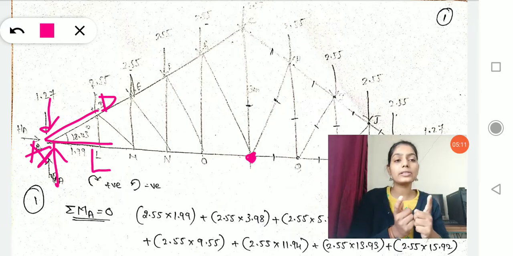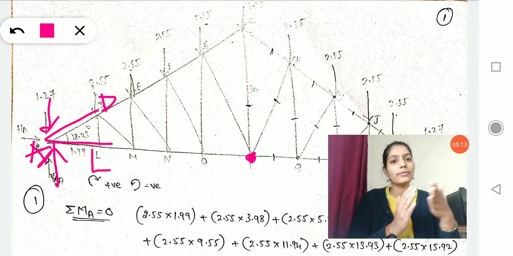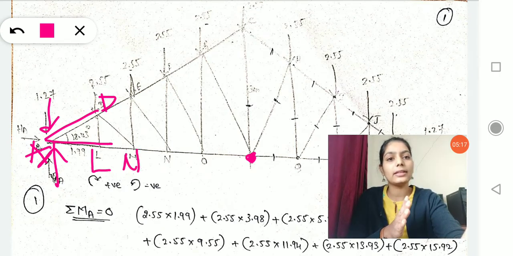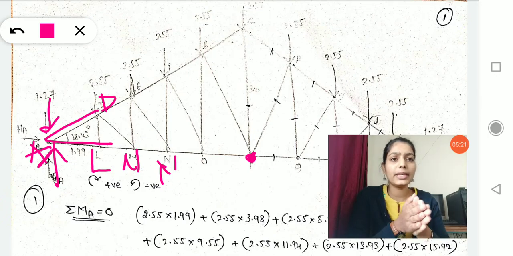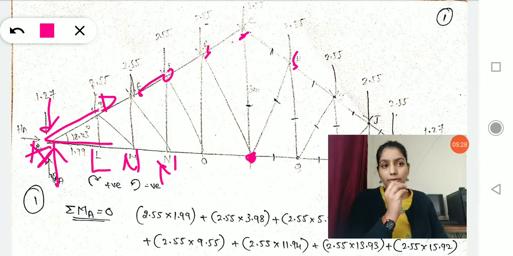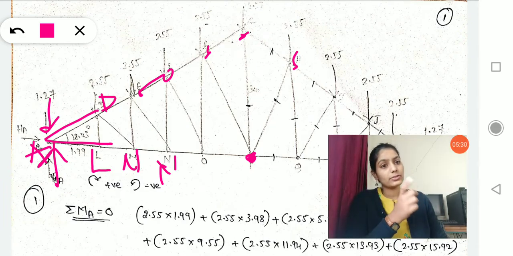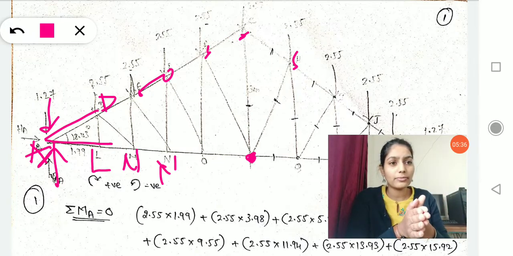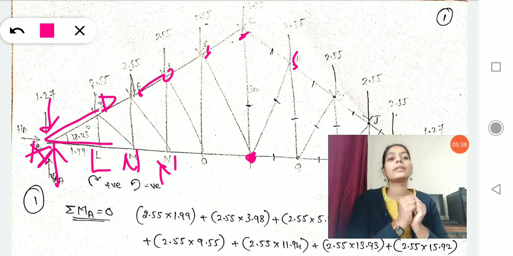In this whole structure you have many joints like L, N, O, P, Q, R. Many are there. This is a joint, this is a joint. But to analyze, we move joint by joint. We will analyze first the joint which has the minimum number of unknowns.